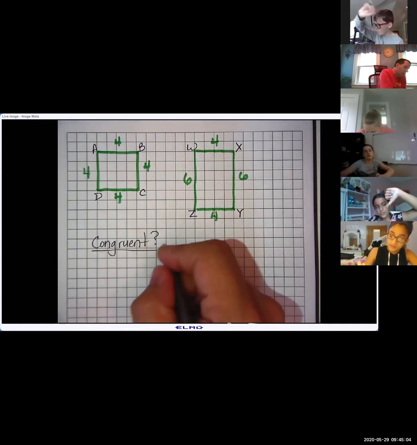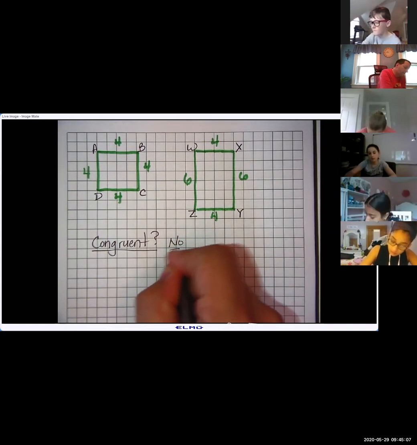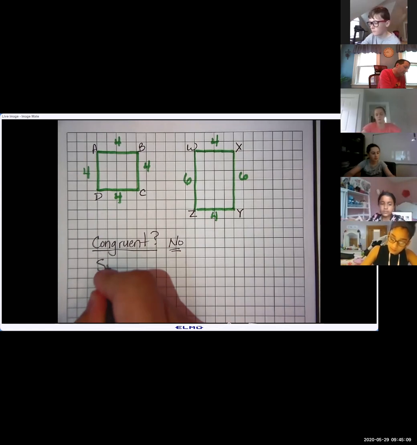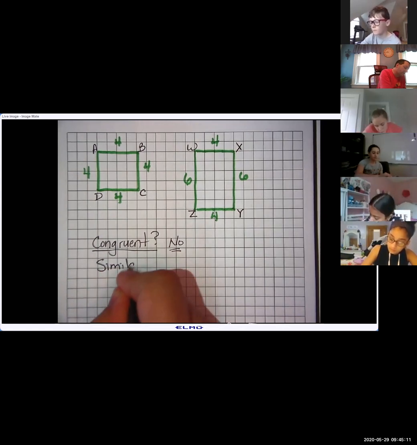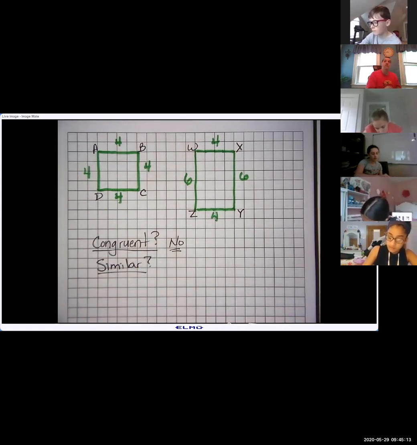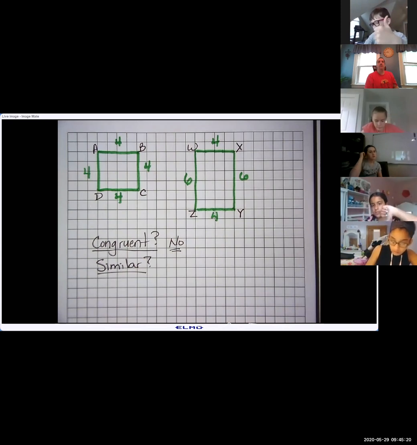Perfect, good. No. Are they similar? Thumbs up, thumbs down. Let's match up the corresponding sides and see if they all have the same ratio.